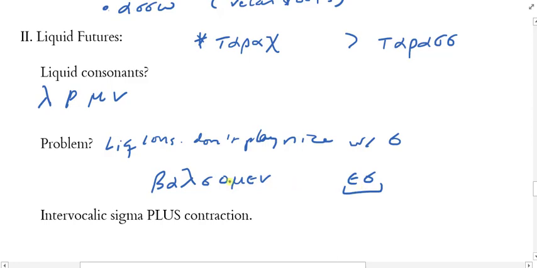Okay? So this puts some distance between these two things that don't get along well. All right? Exactly. So I'm going to be left with bal e sa men.